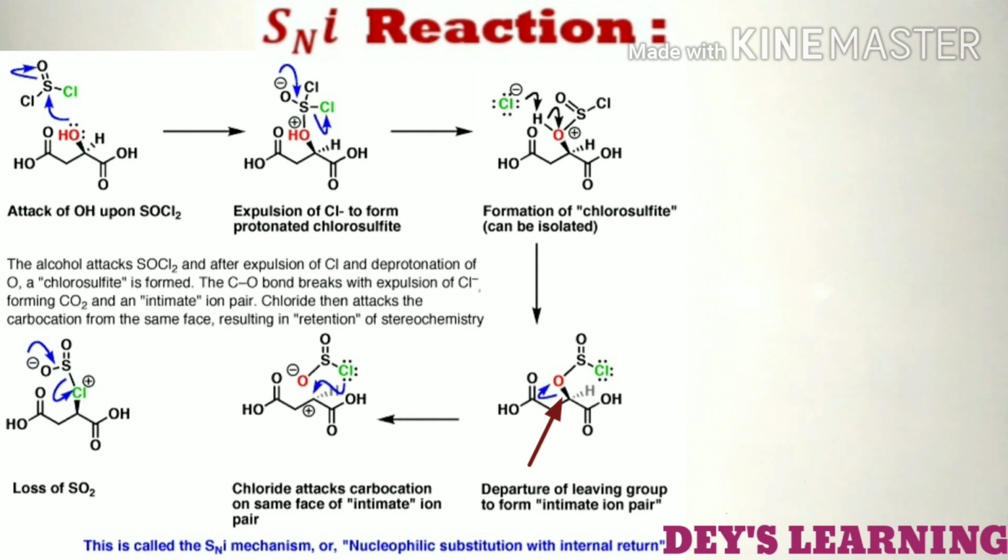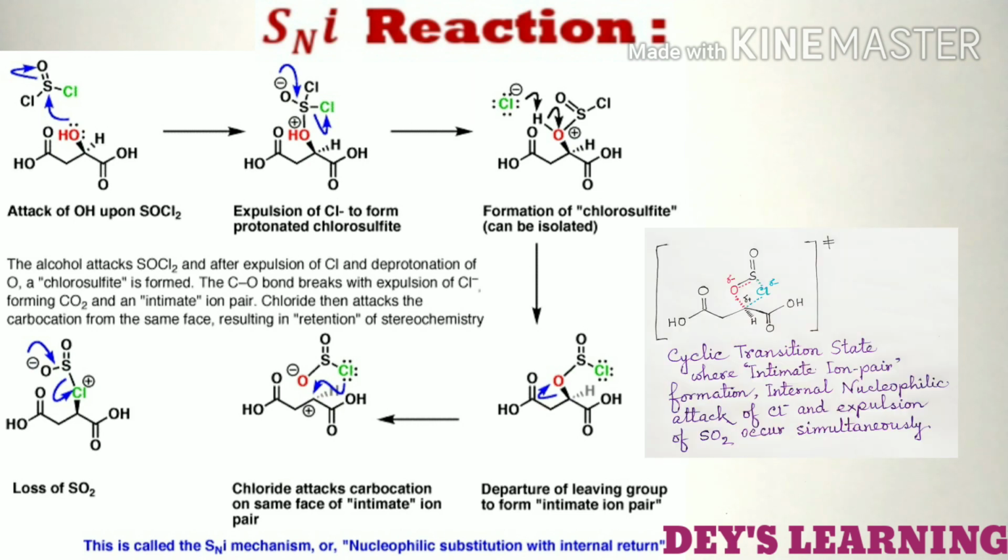So actually the nucleophile is present in the leaving group. After the removal of the leaving group, the Cl minus ion of the leaving group acts as a nucleophile. So this is actually intramolecular nucleophilic attack. So sometimes it is known as intramolecular nucleophilic substitution reaction.